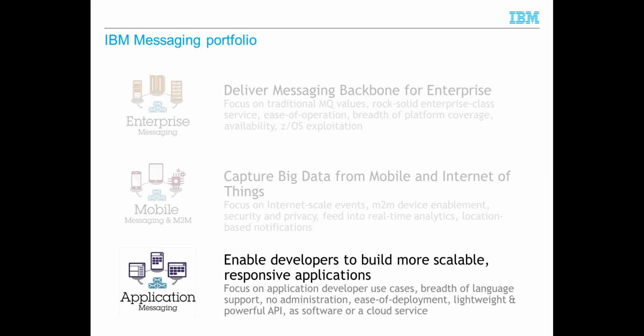And this is where we see MQ Light fitting in. And hopefully through the rest of the presentation I can explain how that fits in with our larger sister product, IBM MQ.